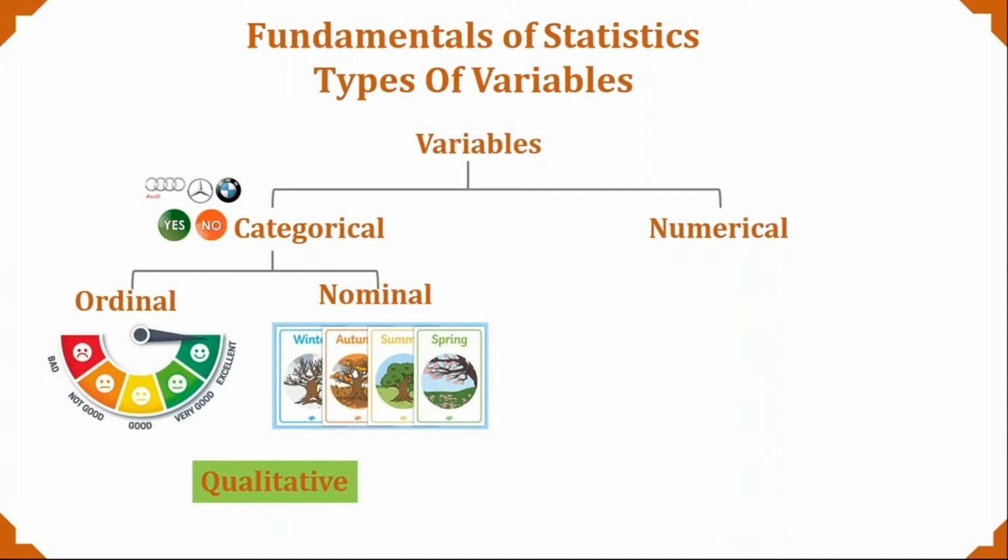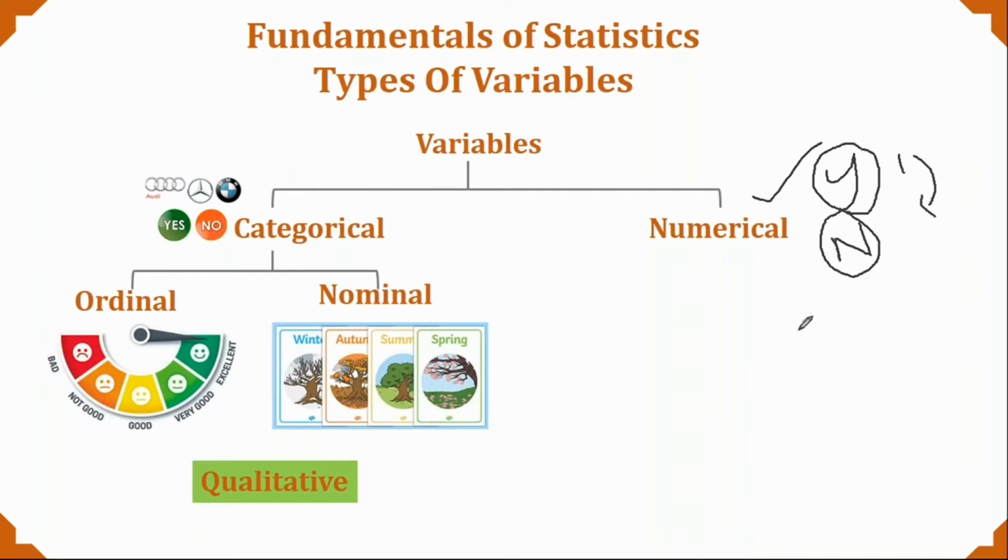Now let's get into the numerical data. So the values of these numerical data variables involve a counted or a measured value. So nominal data will not be having any order. If you say yes or no, there is no specific importance, or no sense that this one comes after this one.